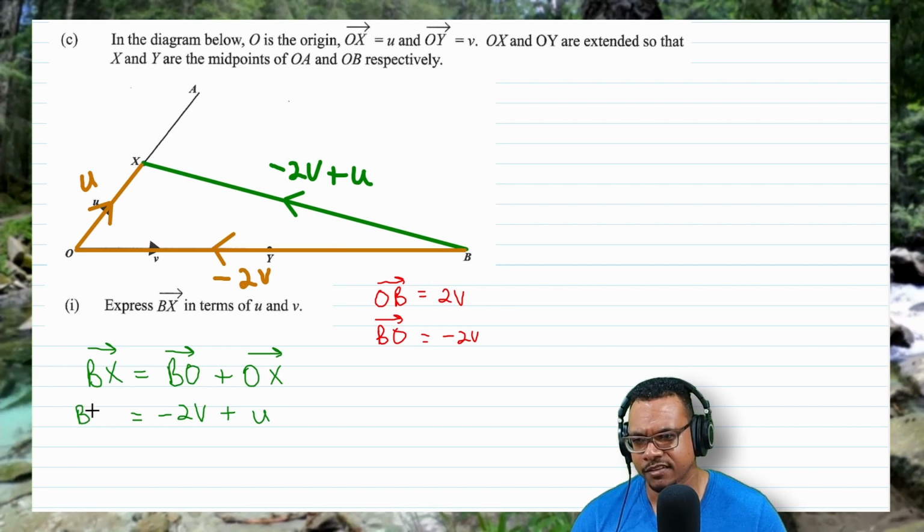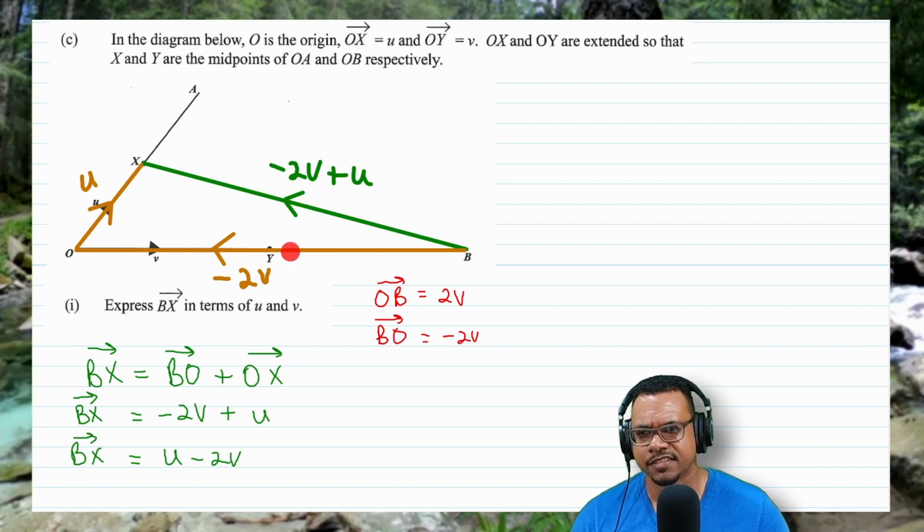And that's how we get our vector B to X. Now, if you don't like how this looks, you can write it the other way around and put the u first and then negative 2v after, and that'll be BX as well. So to emphasize what went on here, the tail of this vector connected to the tail of the resultant, and the head of this vector connected to the head of the resultant vector. And that's how you set up your triangle for adding vectors.